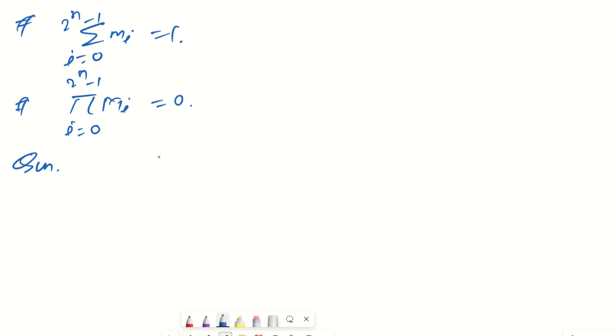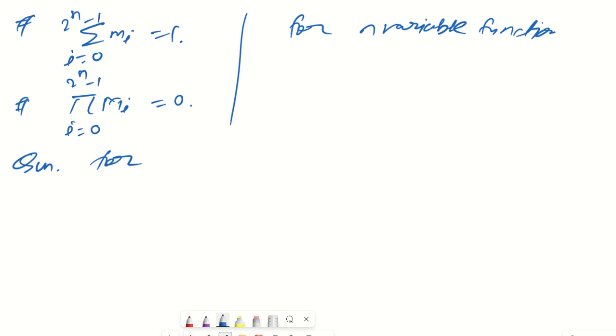So there was a very simple GATE question. I'll just tell you very quickly. Before that, I'll just give you here. I told you that for an n variable function, the number of min terms plus the number of max terms is equal to 2 to the power n.